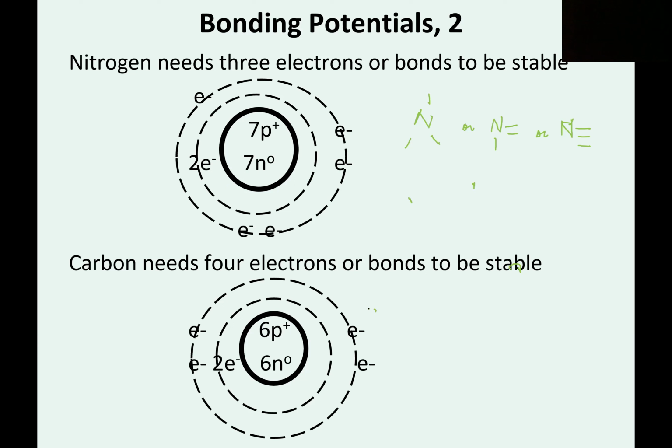Carbon can either be in 4 single bonds, or carbon can be in a double bond and 2 single bonds, and again, it doesn't matter which direction, or carbon will be in 2 double bonds. You don't typically see carbon in triple or quadruple bonds. So those are your 4 most numerous elements in the body.